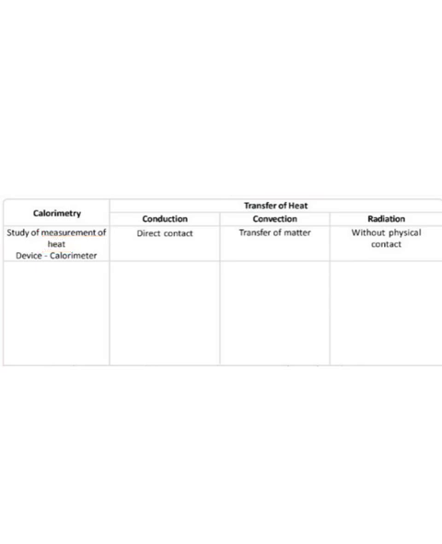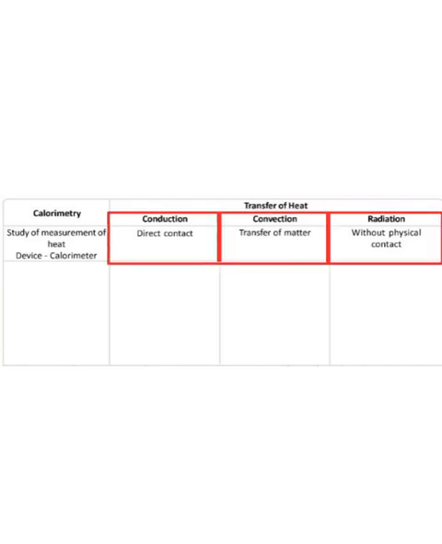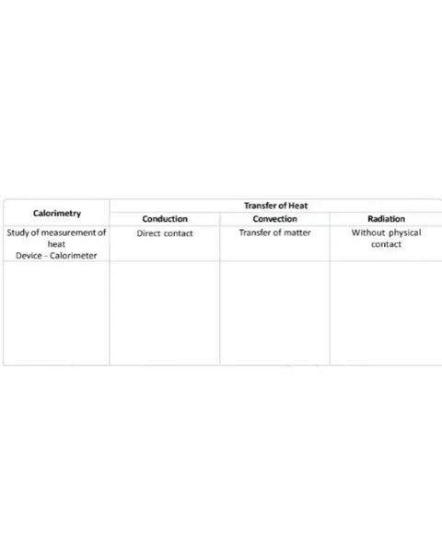Notice, heat flows from higher temperature to lower temperature. Transfer of heat is in three ways. Process of transfer of heat due to direct contact between objects is called conduction.